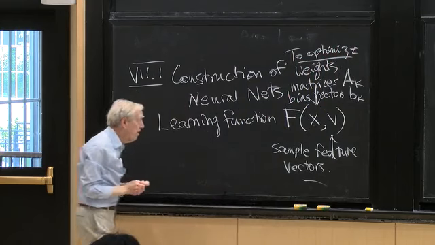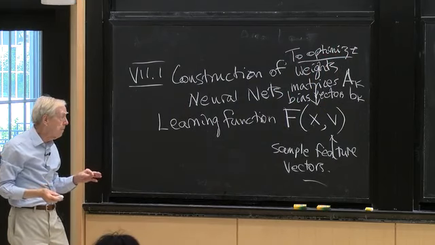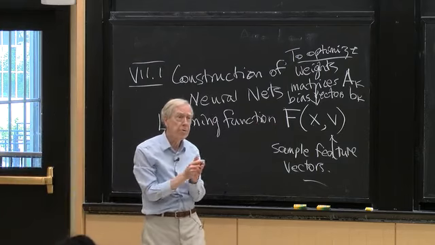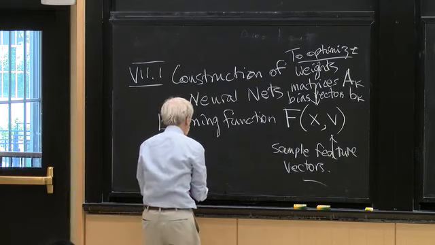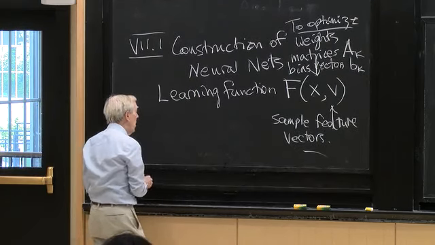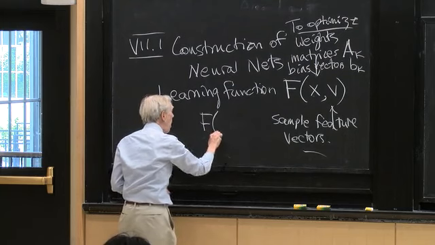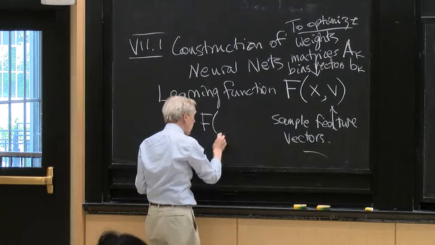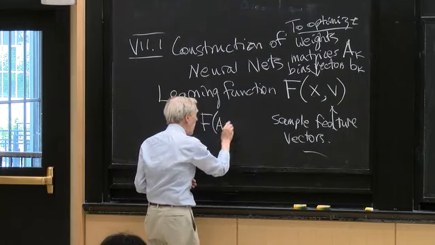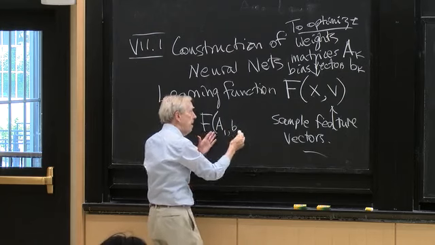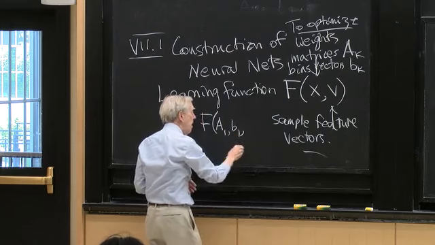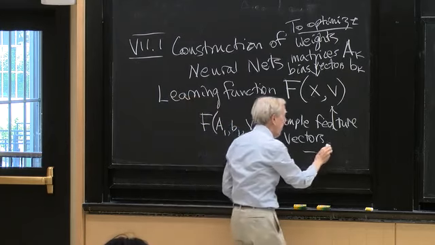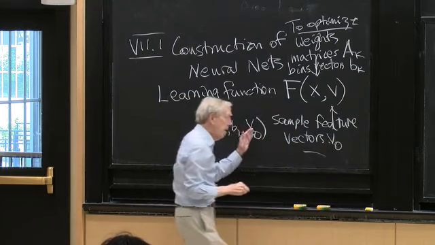And what's the structure of the whole of the learning function, and how do you use it? What does the neural net look like? So you take f of the first set of weights, A1 and B1. So that's the x part, and the actual sample vector. The sample vectors are V0 in the iteration.